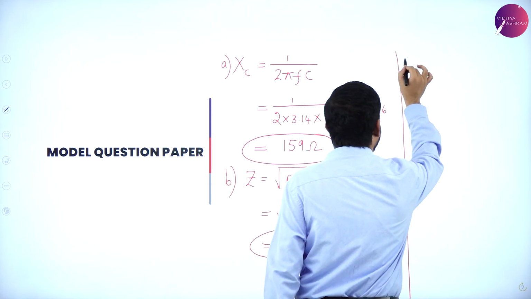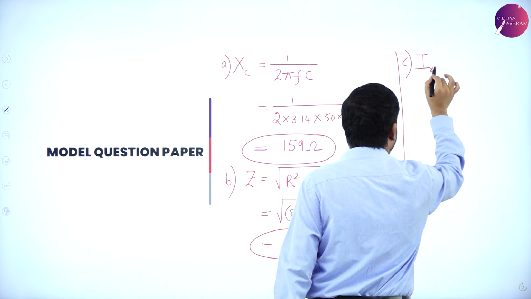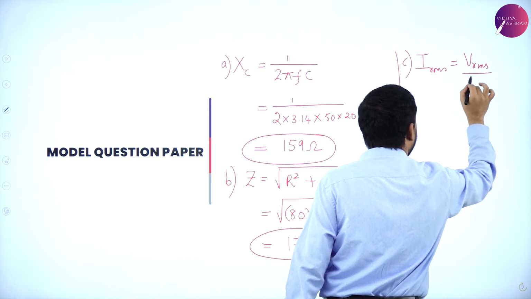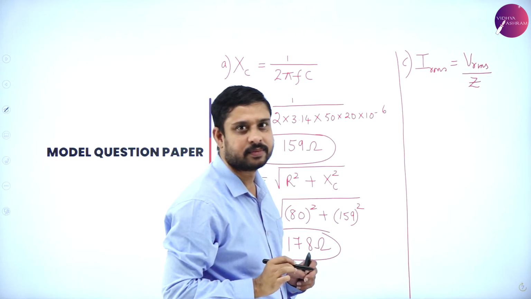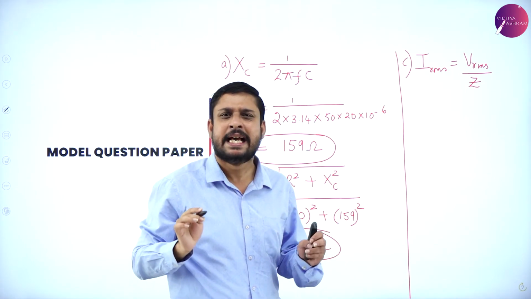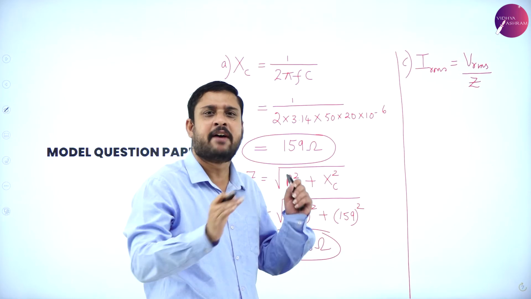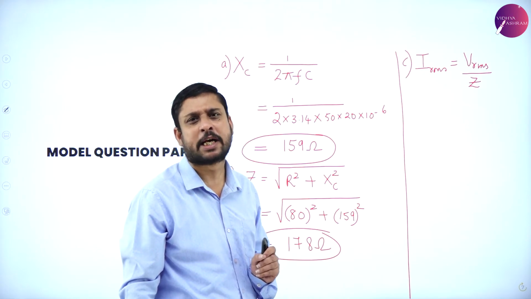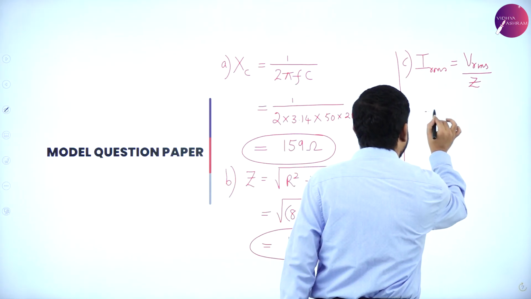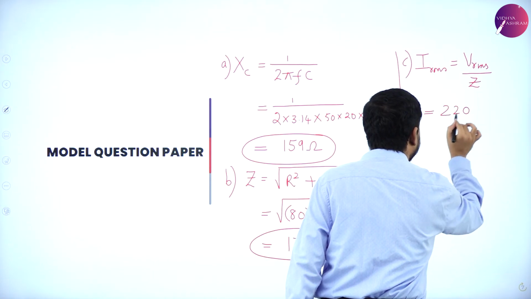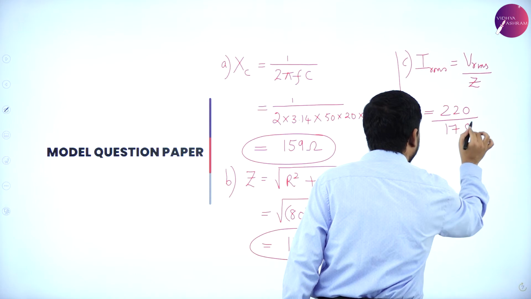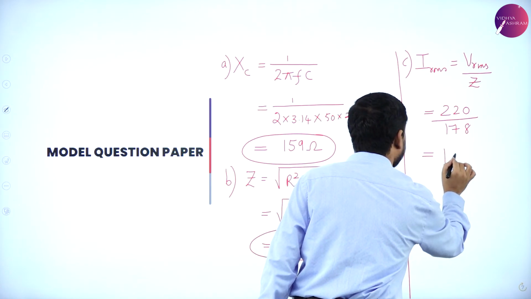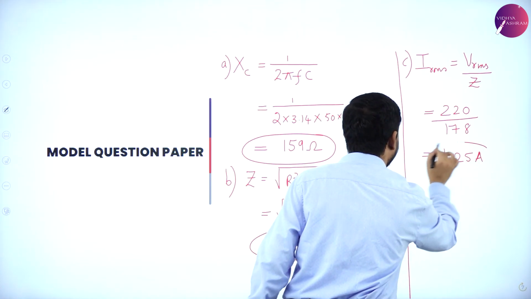Now I'll calculate the current flowing through the circuit, IRMS, which is VRMS by Z. All these relations I have done an explicit number of times in the concept class sessions, so you have to be thorough with this. So this is 220 divided by 178, which is again about 1.25 amperes.